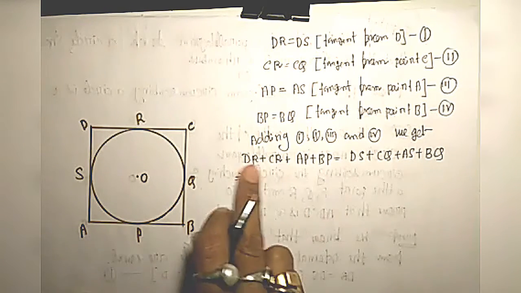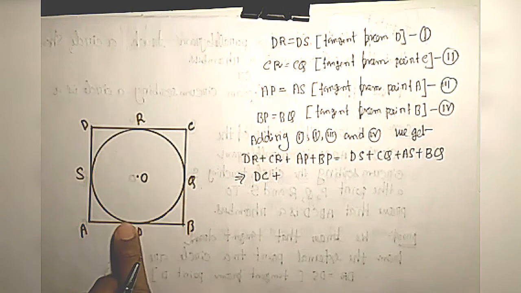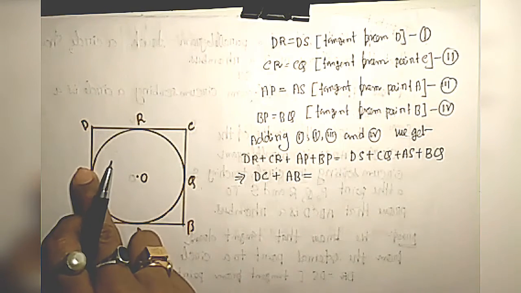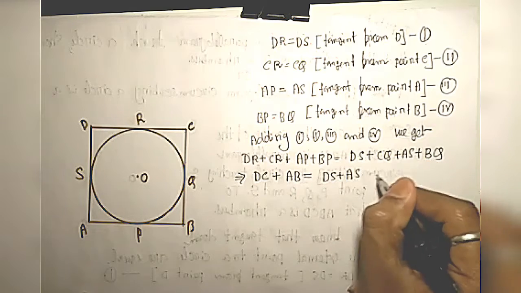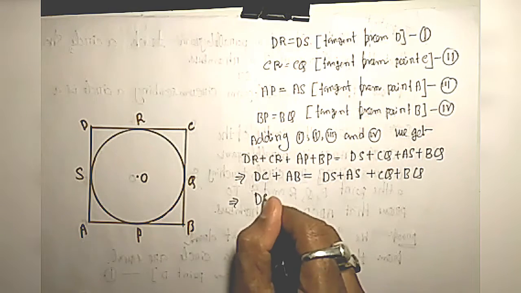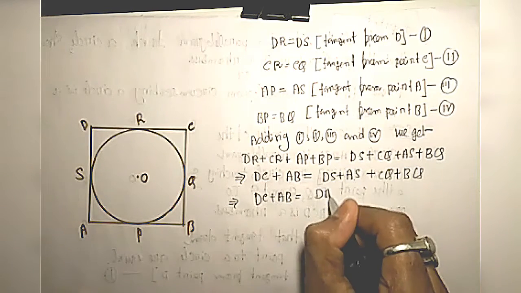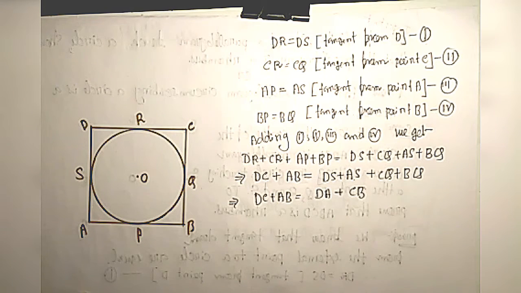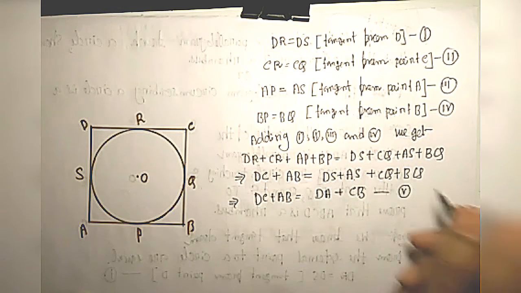DR plus CR is DC, and AP plus BP is AB. On the right, DS and AS we write together, arranging the terms: DS plus AS is AD, and CQ plus BQ is CB. So DC plus AB equals AD plus CB. We have done this step in the previous question. Call it equation 5.